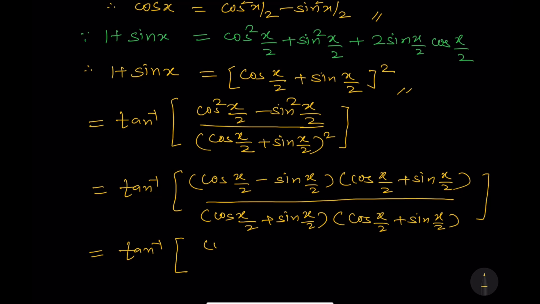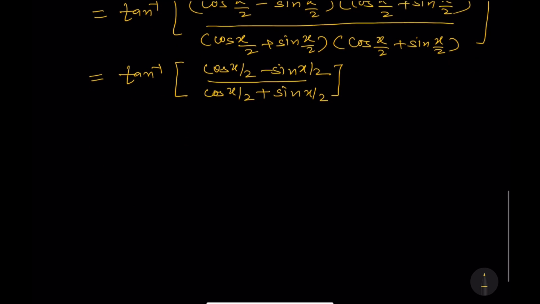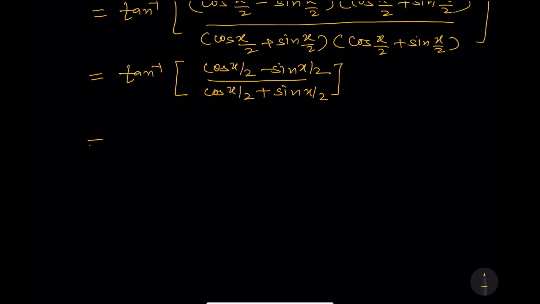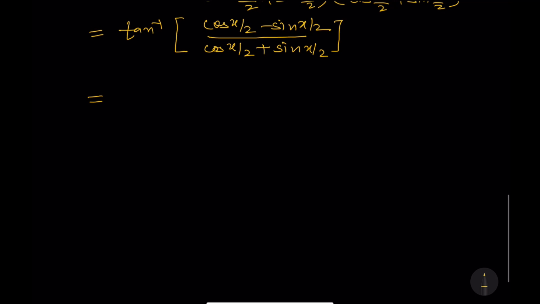That is equal to tan inverse of, so one factor gets cancelled and what remains is cos x by 2 minus sin x by 2 in the numerator, and the denominator is cos x by 2 plus sin x by 2. And now, like the previous problem, we can proceed dividing numerator and denominator with cos x by 2.